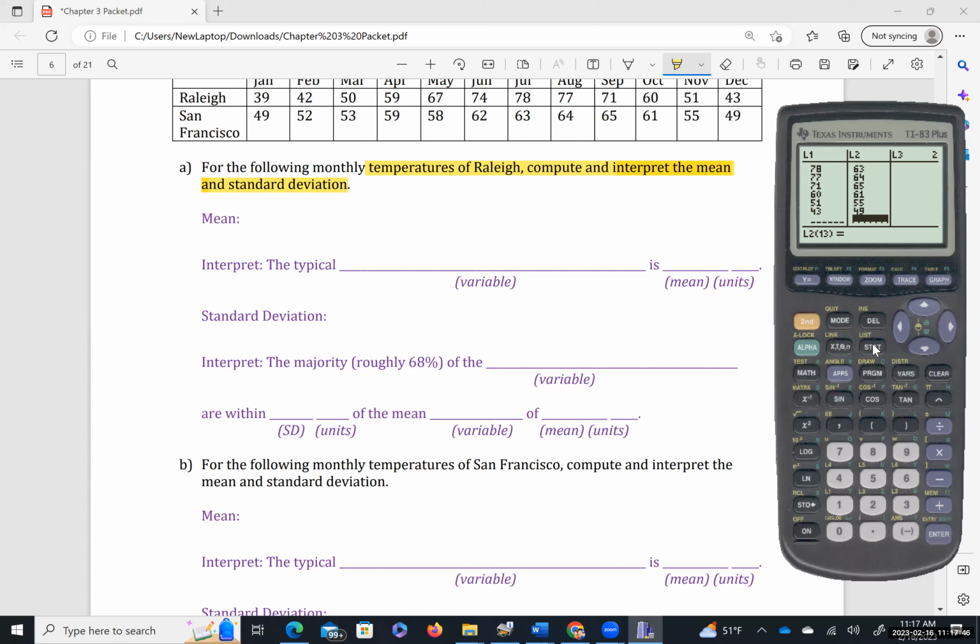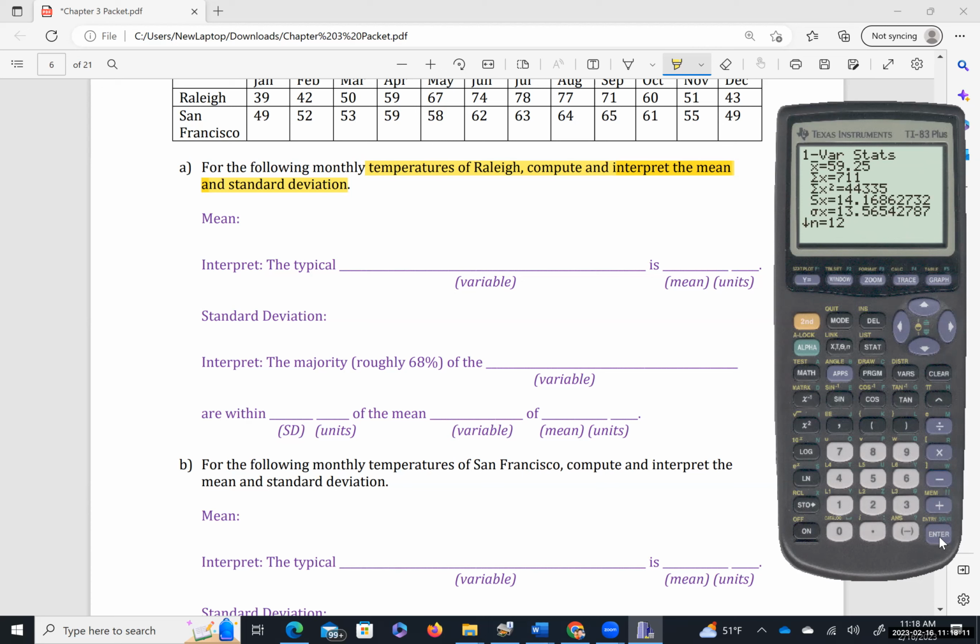So I'm gonna click STAT, then CALC. Okay, I'll see you here. All right. We're gonna focus on 1-Var Stats. So click 1-Var Stats, and we calculate for Raleigh, which is L1. So click L1 in here. Okay, enter that.